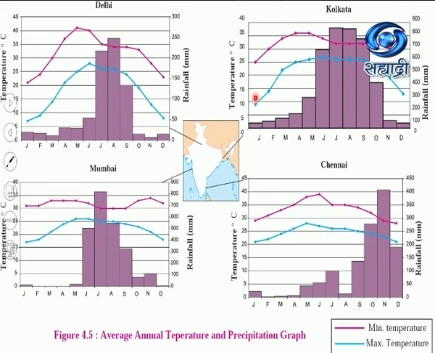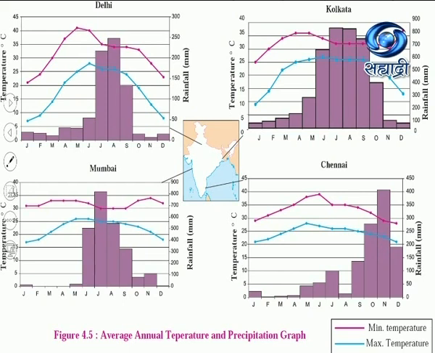Here we find Chennai receives rainfall two times, one in the months of June, July, from the southwestern monsoon winds. And in the months of October, November, and December, they receive rainfall from the retreating monsoon. So during this month, the maximum rainfall is 400 millimeters.